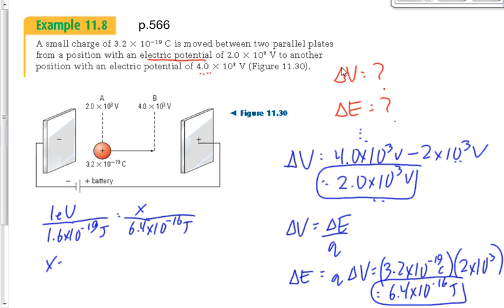So let's solve for X. The 6.4 goes up by multiplying, and then we divide 6.4 by 1.6, and we end up getting 4.0 times 10 to the 3, I think it is. 4.0 times 10 to the 3 electron volts. Is that okay?